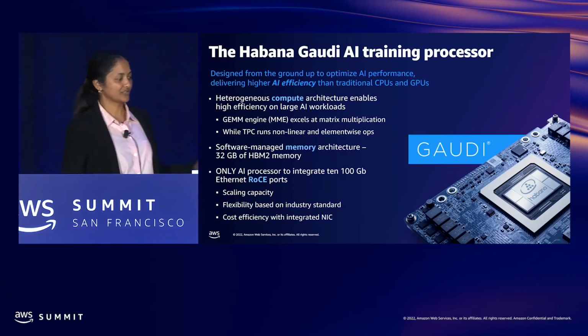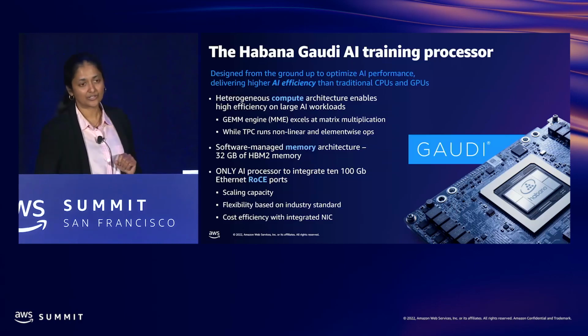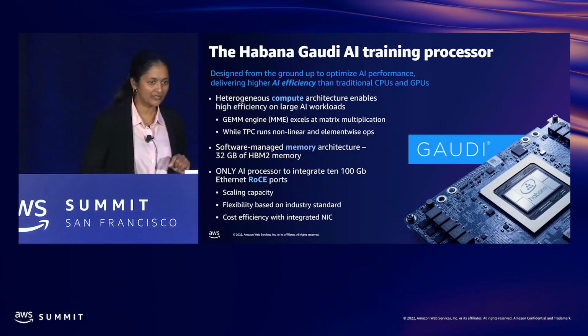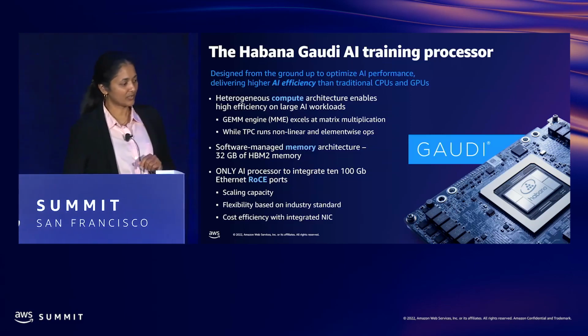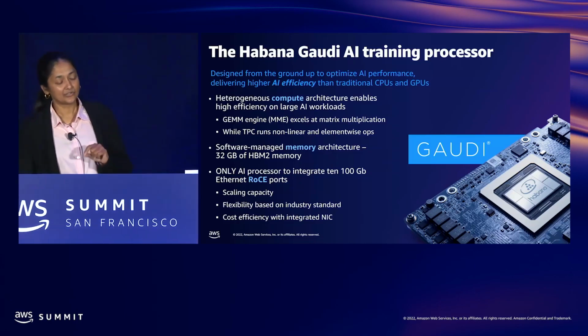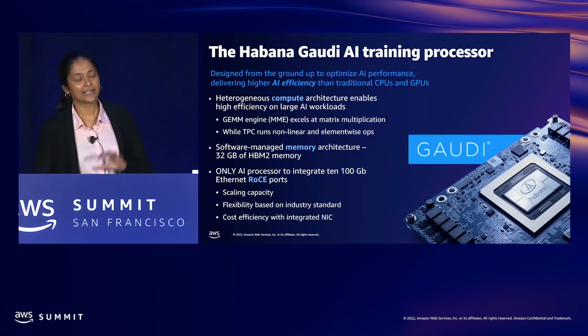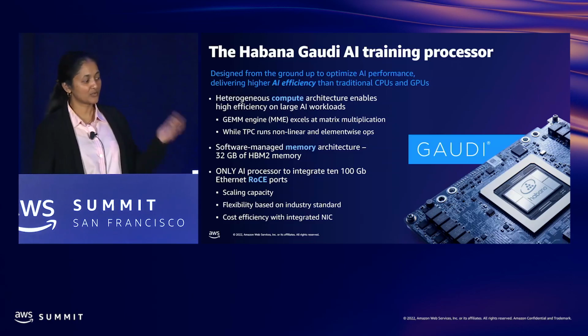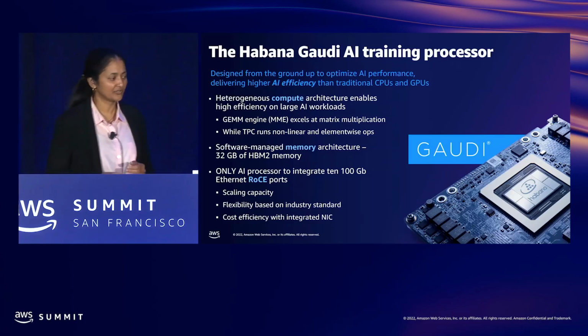It has a cluster of TPCs, or tensor processing cores, which are used for accelerating the nonlinear and element-wise operations in your neural network. It has a software-managed memory architecture and 32 gigabytes of HBM2 memory. And this 32 gig HBM allows you to port models easily from the GPU to Gaudi because it's a similar training regime you will be using.